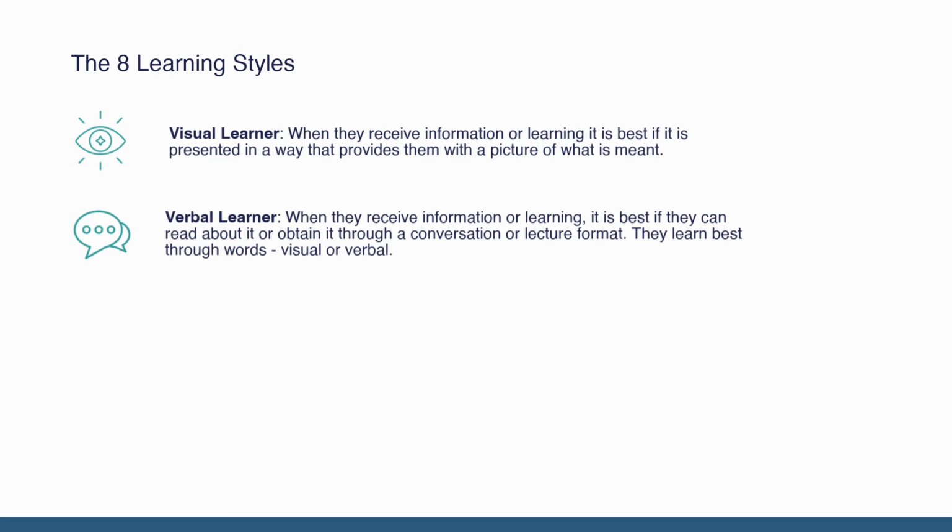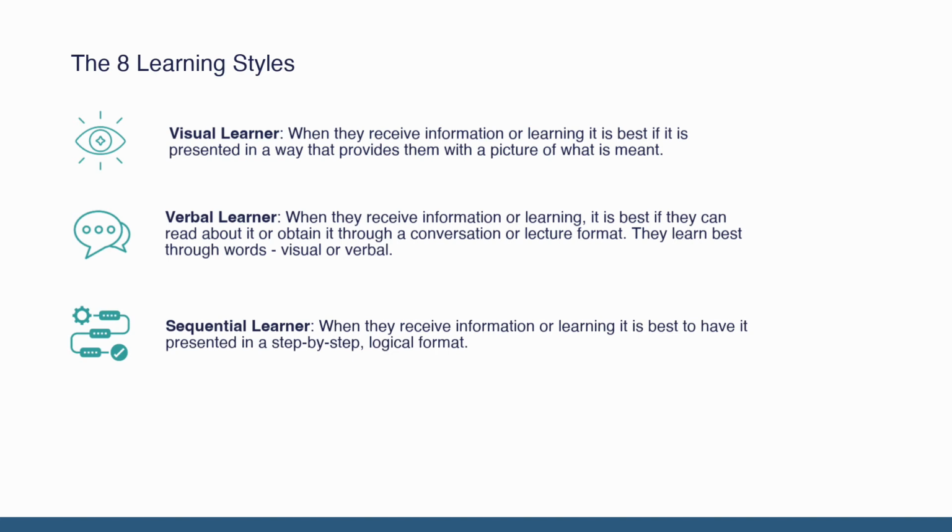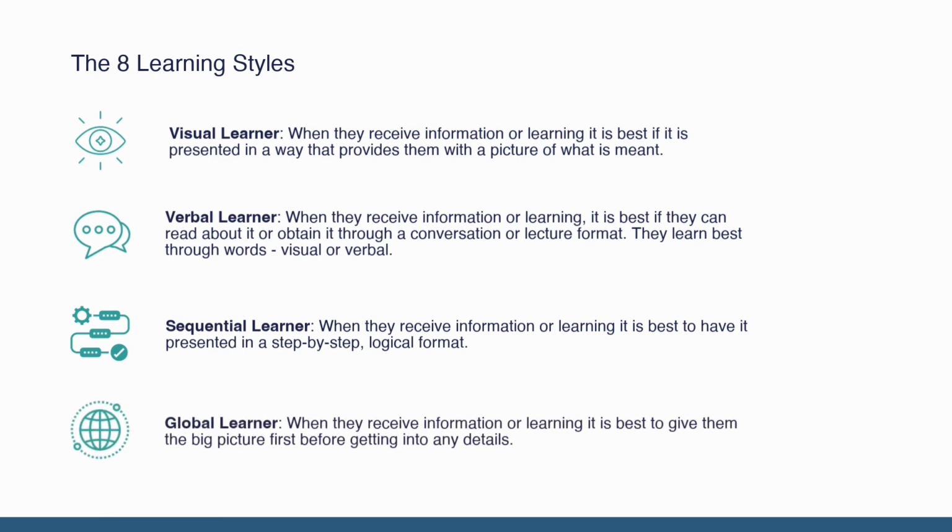They learn best through the words, visual or verbal. If you have a sequential learner, when your mentee receives information or learning, it's best for them to have it presented in a step-by-step logical format. And if you have a mentee who's a global learner, when your mentee receives information or learning, it's best for them to get the big picture first before getting into too many details.